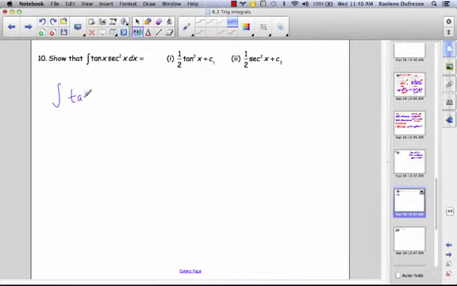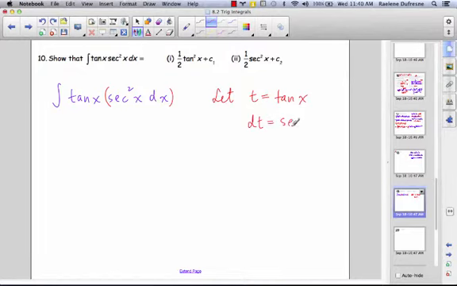So from tangent x secant squared x, we can see straight away by regrouping that secant squared x dx is the derivative of the tangent x with respect to x. So we are going to let t equal tangent of x, dt is equal to secant squared x dx.